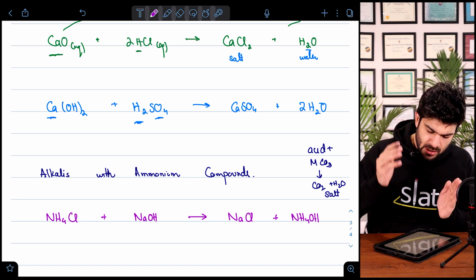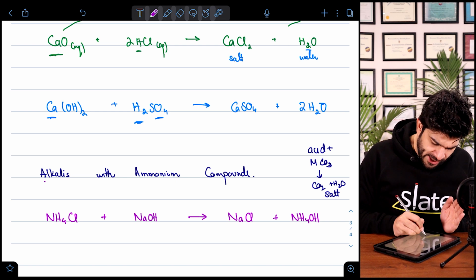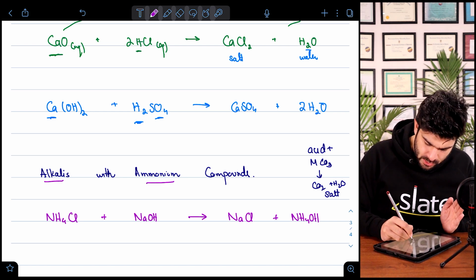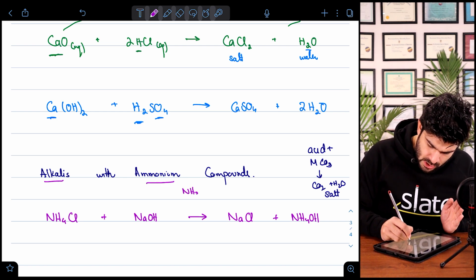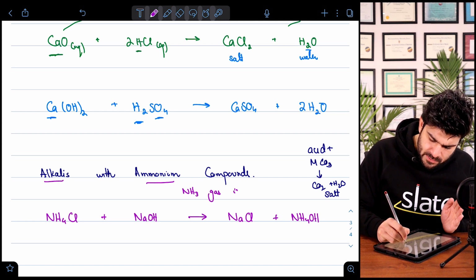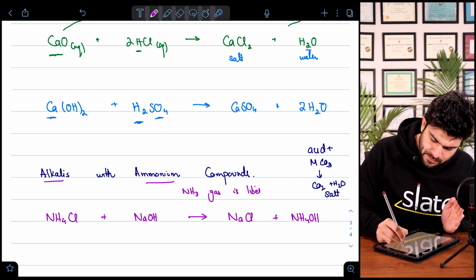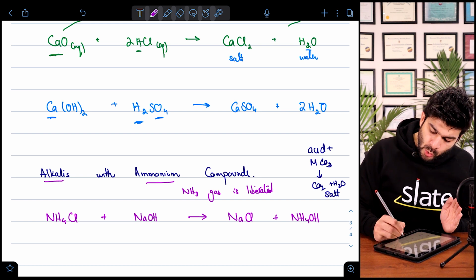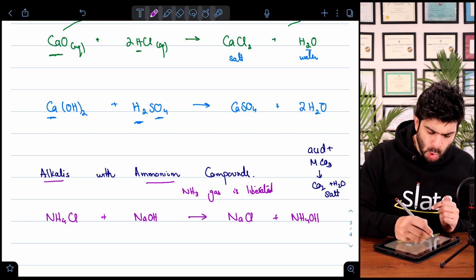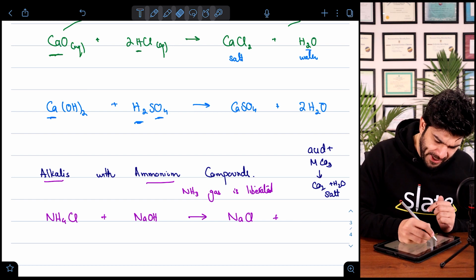But for your syllabus, you need to remember that whenever an alkali reacts with an ammonium compound, ammonia gas is liberated. So do we see any ammonia gas in the equation? Not at all. So we are going to separate it out.